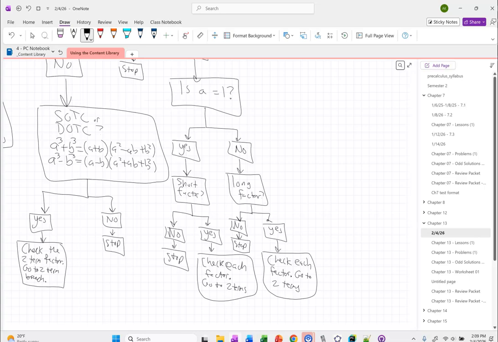Remember, for the long factor, you have to find the two things that multiply to give you A times C and add to give you B. You use those two numbers to break up the B term into two chunks, and you have to factor by grouping. We'll review this with specific examples, but I'm just rehashing what I mean by short factor and long factor.